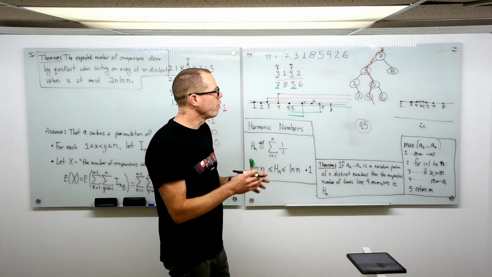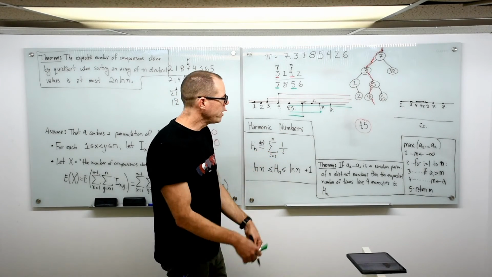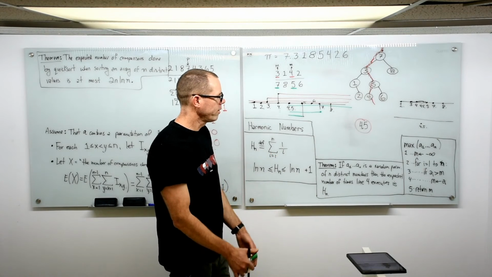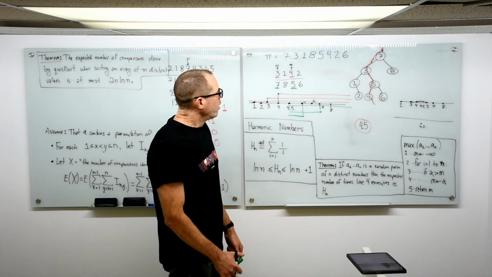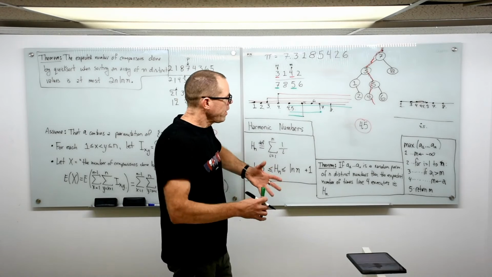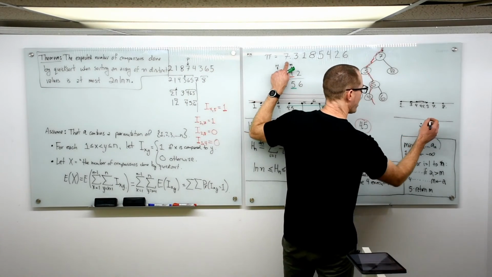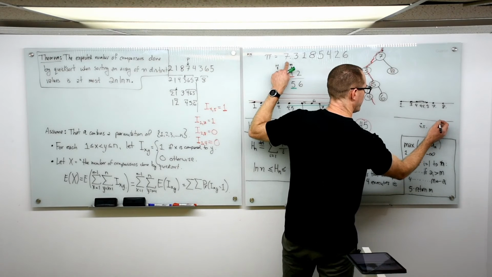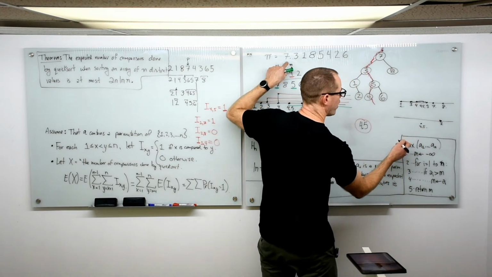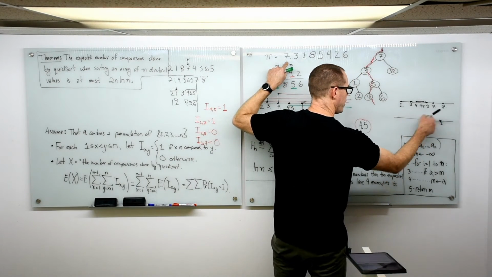So 4.5, if I search for it in that tree, nothing will happen. But then things start falling in. Things start getting added, like 7 gets added. And then if I search for 4.5, well, it's going to be over here in this interval.